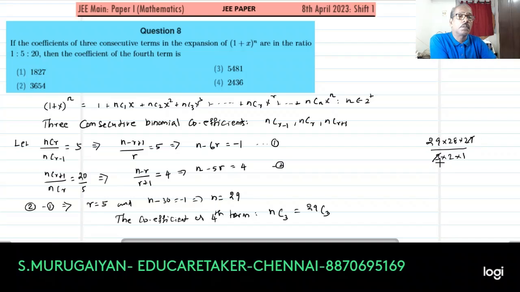So 3 times 1 is 3, 9 times... 29 into 14, 406. 406 into 9: 9 into 6 is 54, 9 into 4 is 36, so 3654.